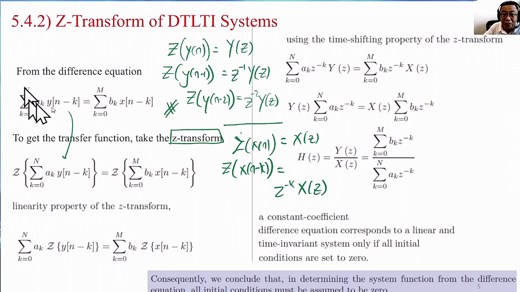So once we know that we are going to use this property of the z transform, the time delay property, then you will realize that this step is quite trivial. So again, remember that the z transform is linear.